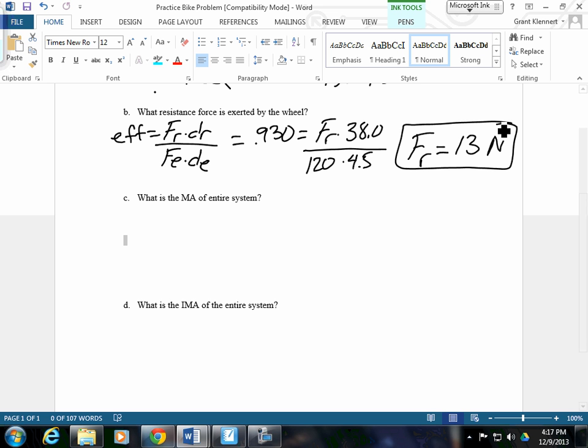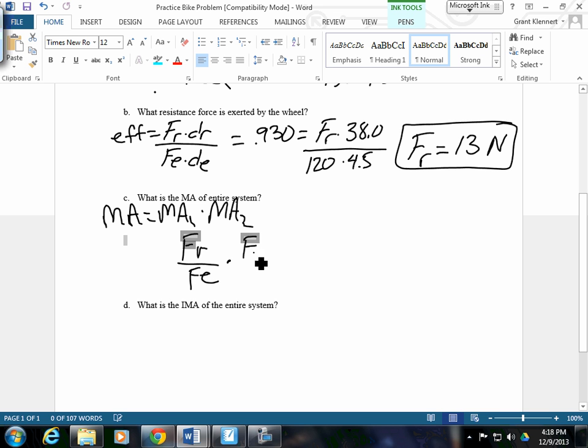C, what is the MA of the entire system? Well, the equation for MA is MA1 times MA2. Now remember, MA is FR over FE. So FR1 over FE1 times FR2 over FE2. We plug things in.